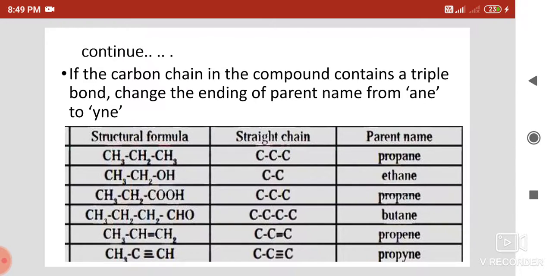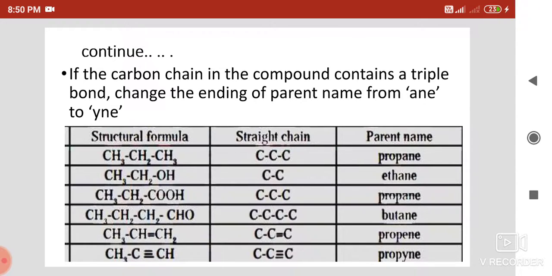In the fifth example, CH3 CH double bond CH2, as it contains a double bond, we change the last letters of propane ANE to ENE, and it becomes propene.